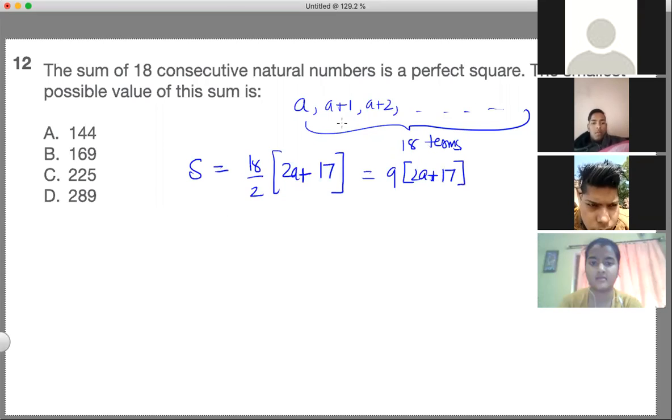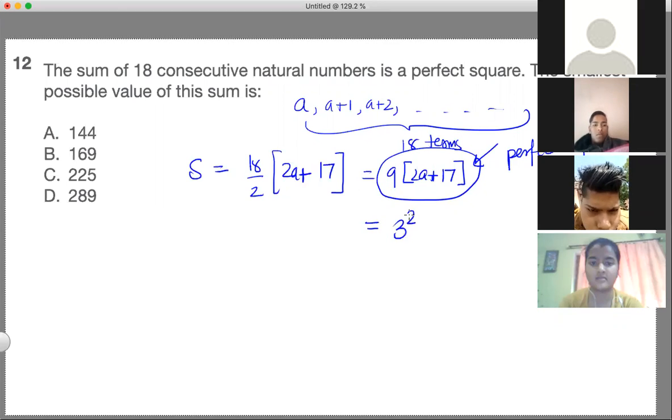Now what is it saying? It is saying that this thing is a perfect square. Now 9 is a perfect square already, right? So 2a plus 17 should be a perfect square now, right?